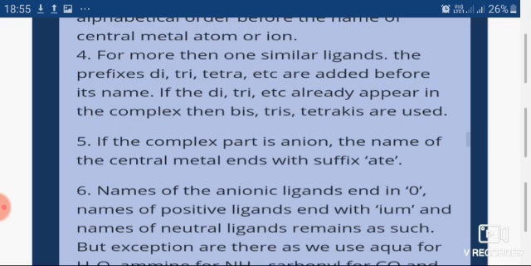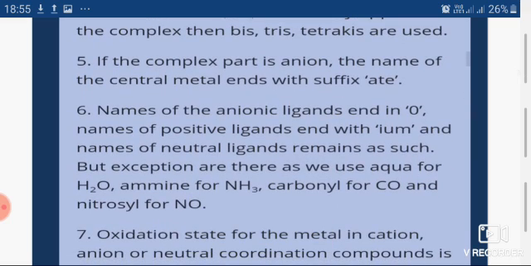The next is, the names of anionic ligands end with O, the names of positive ligands end with IUM, and the names of neutral ligands remain as such. It means there are three types of ligands, as I said previously: cationic ligands, anionic ligands, and neutral ligands.